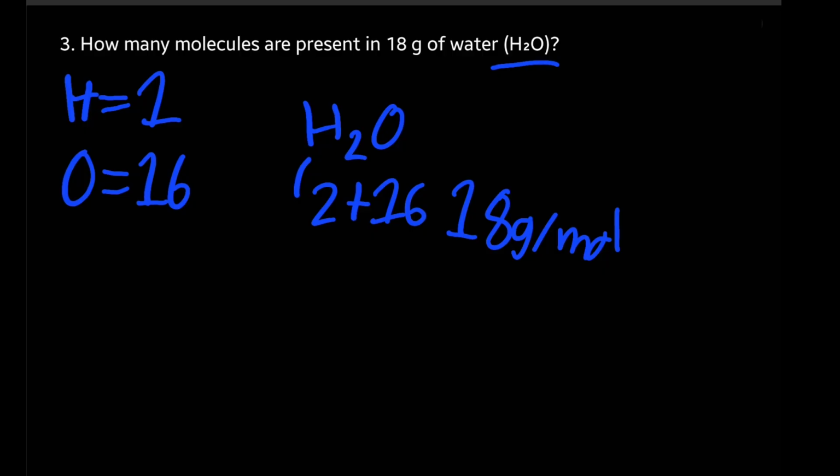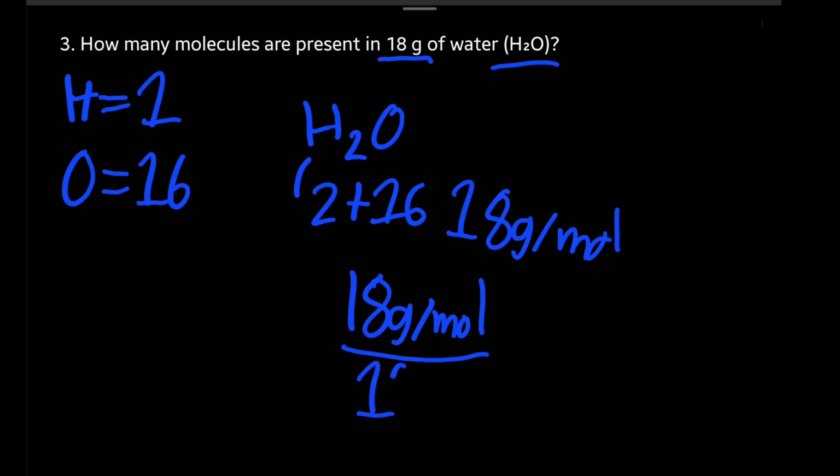Now we identify how many grams we have. Since we have 18 here, we could divide this. So 18 grams of this divided by 18 grams per mole, then we get 1 mole. So it says that if we have 18 grams of water, it's equivalent to 1 mole.